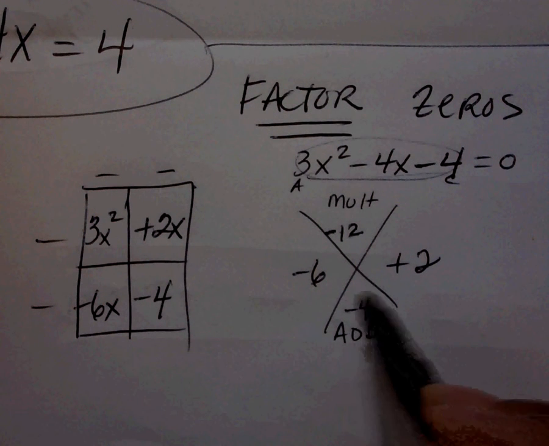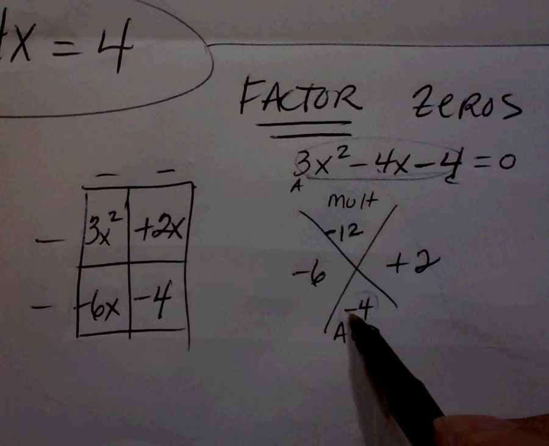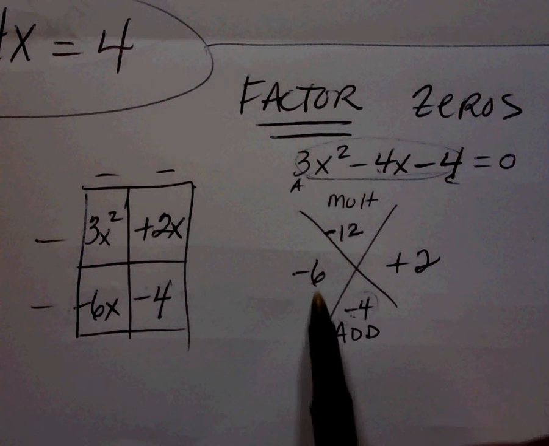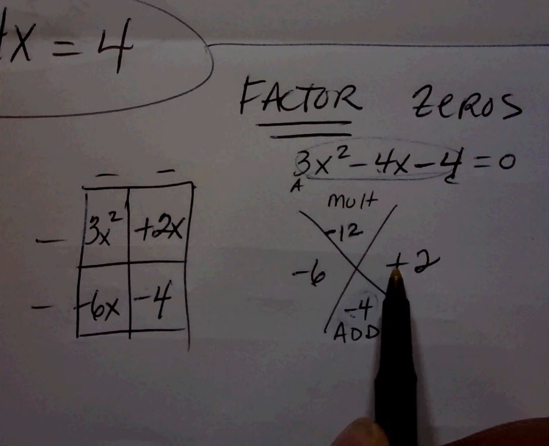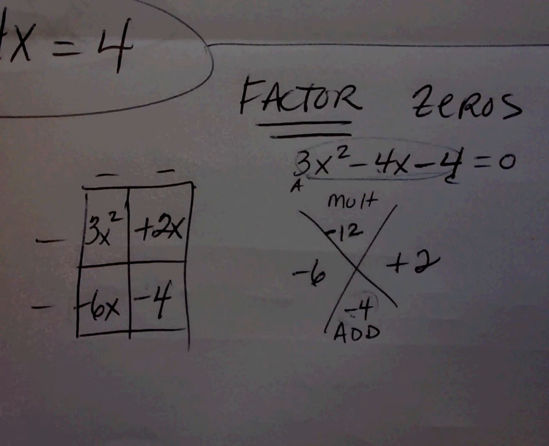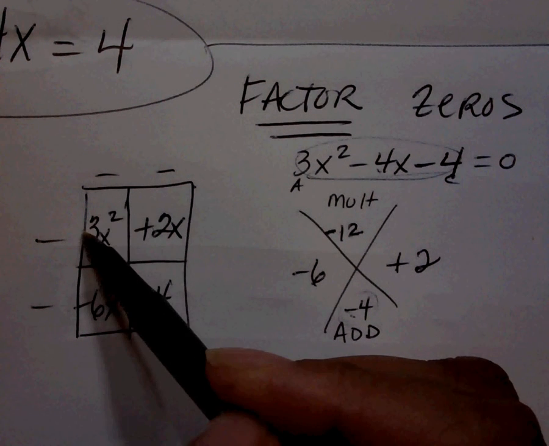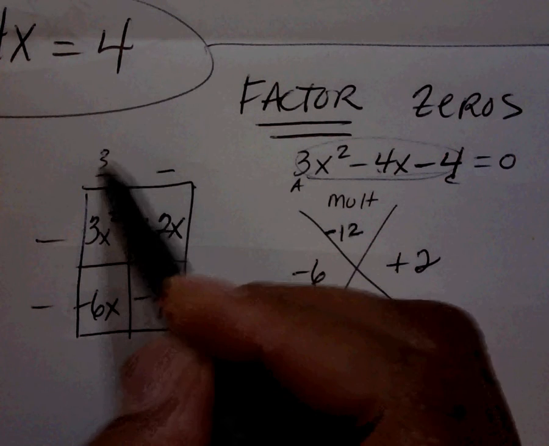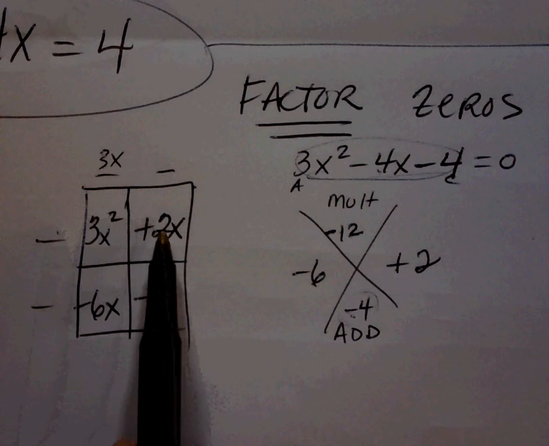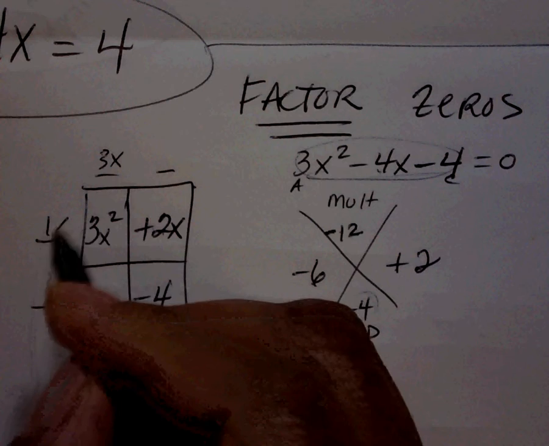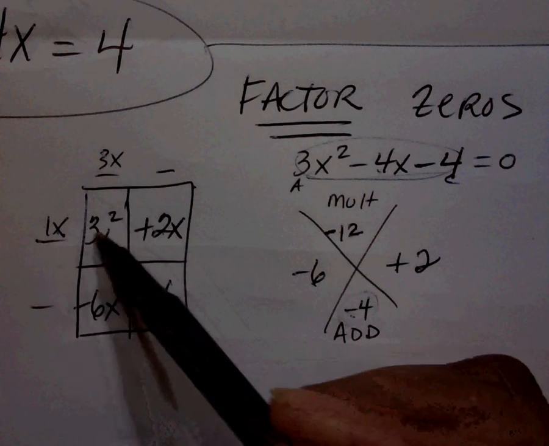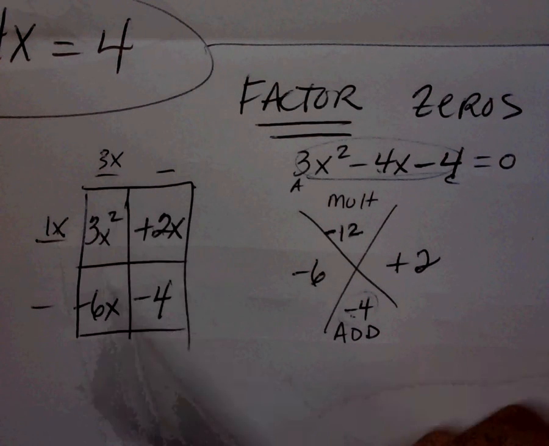And then I put the B term in the middle here because that's what we're adding to, which is negative 6 and positive 2. So then I can label, and I have to put the 3x here because 3 will not go into 2 evenly, and then the 1x goes here because 3 times 1 is 3, x times x is x squared.